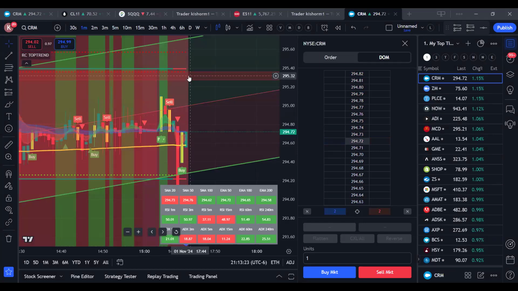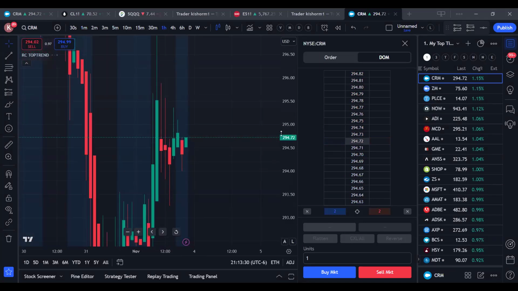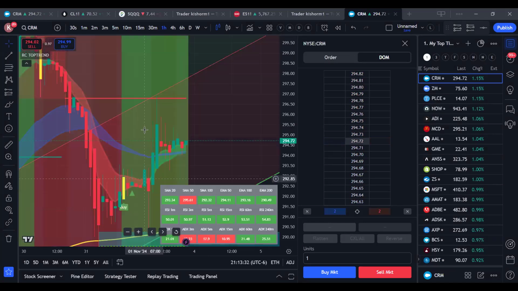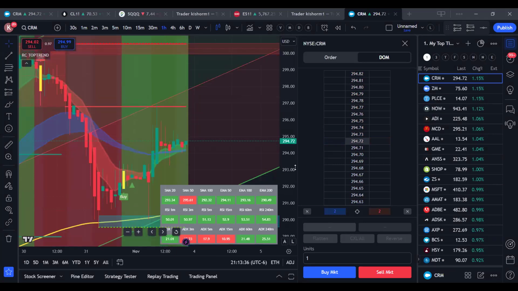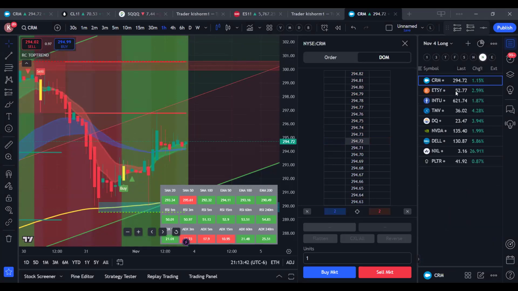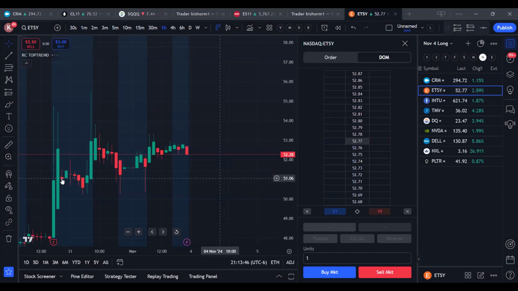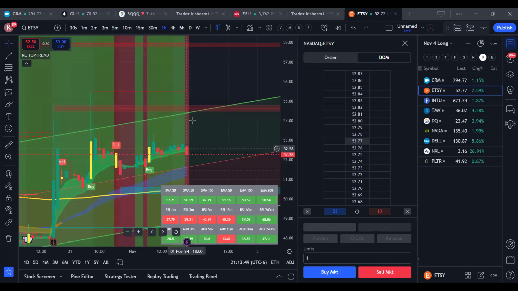We may see around 290, minimum 297, 298. If it breaks this, then they'll take it to $300 on CRM. And then let's see. Let's see, we can say 54.72.